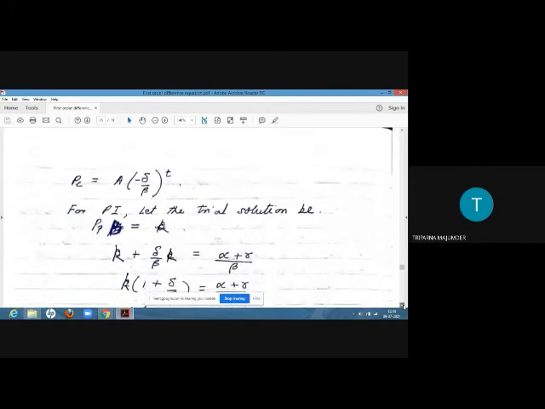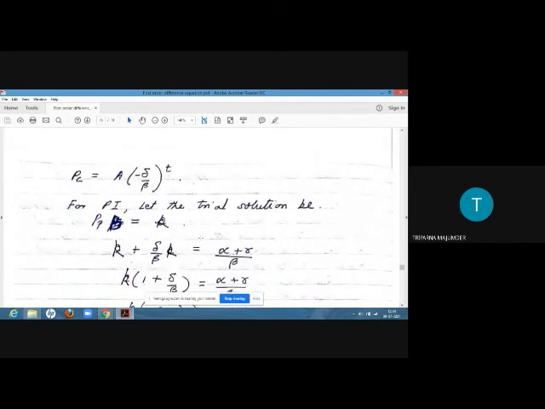So our complementary function becomes P_c is equal to A into minus delta by beta to the power t.